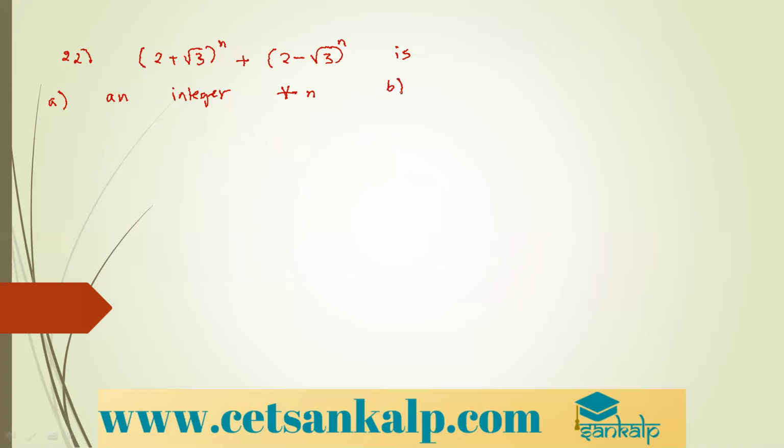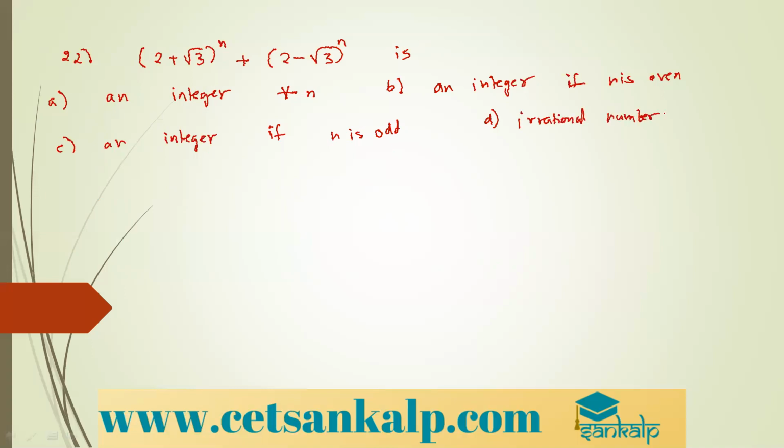Option B is, it is an integer if n is even. Option C is, it is an integer if n is odd. And option D is, irrational number always.